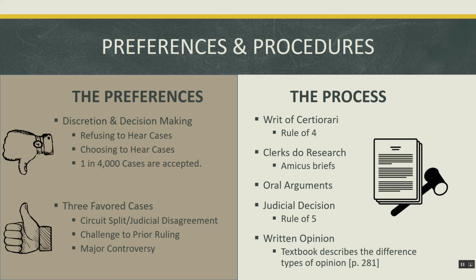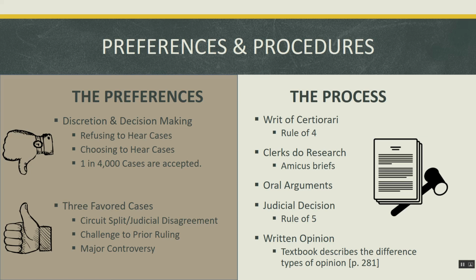But what are the procedures that the court goes through in order to actually process a case? Well, the first step in the process by which the Supreme Court fulfills its function is to issue what we call a writ of certiorari. A writ of certiorari is an unnecessarily convoluted Latin term that basically boils down to a written invitation by the Supreme Court to have your case heard before the Supreme Court.